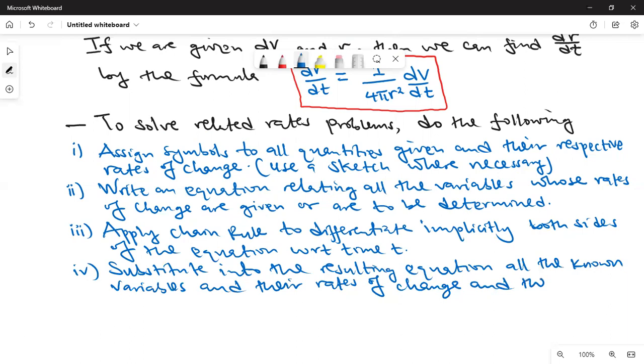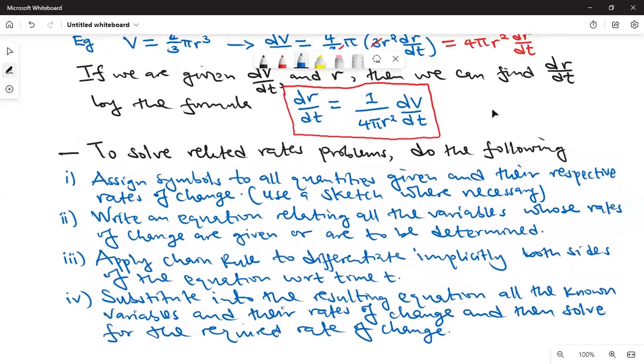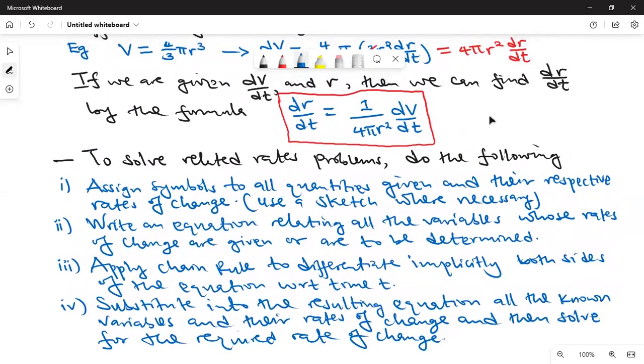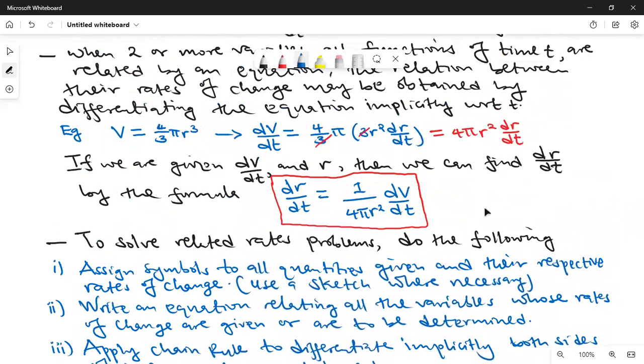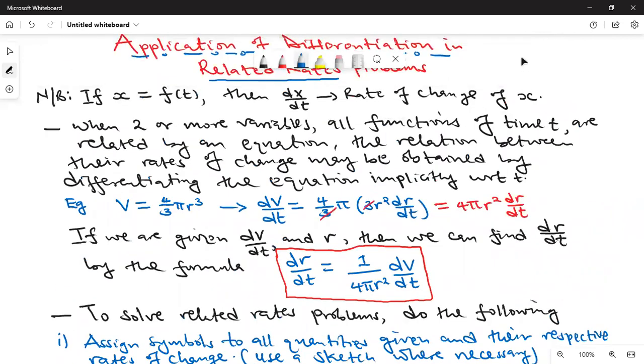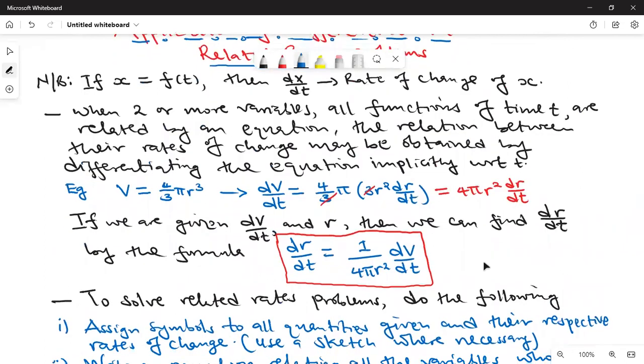So what you need to take note of is that when you are faced with a related rates problem, you just need to follow these 4 steps. Those 4 steps will guide you into finding a solution for any given related rates problem.